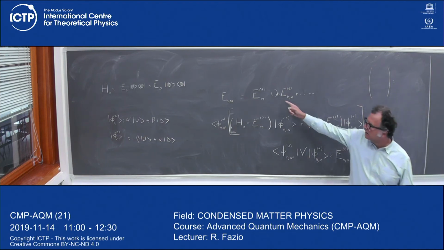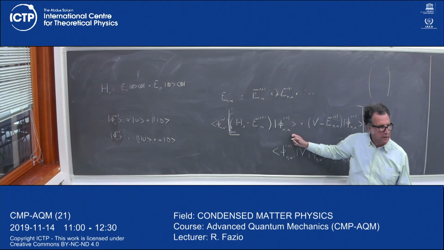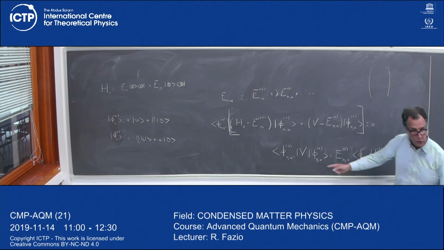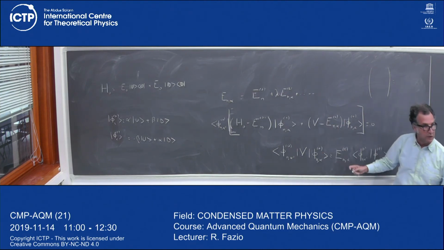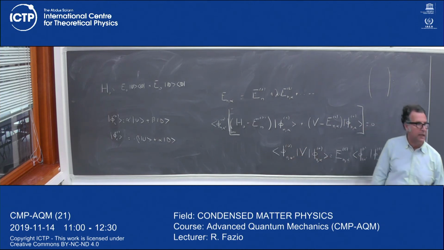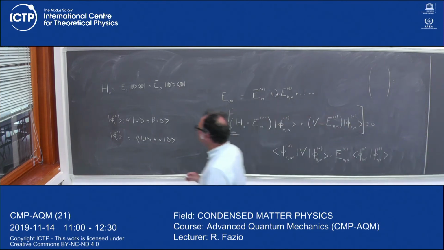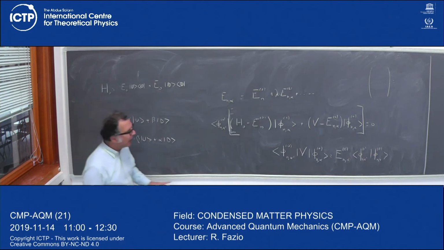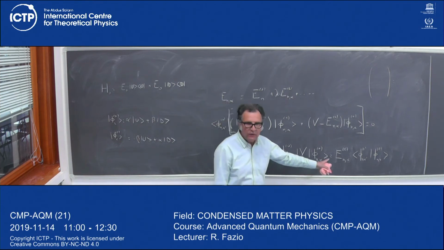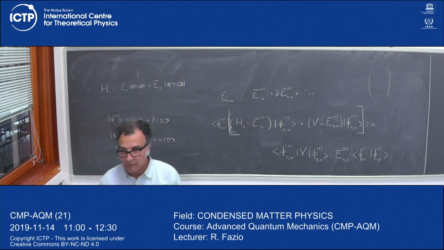But if I plug this expansion here, I find that the choice I have to make in order to find the first order correction is to take the basis which diagonalizes the perturbation matrix. If out of these infinite choices I took the one which diagonalizes this matrix, the eigenvalues give me the first order corrections.